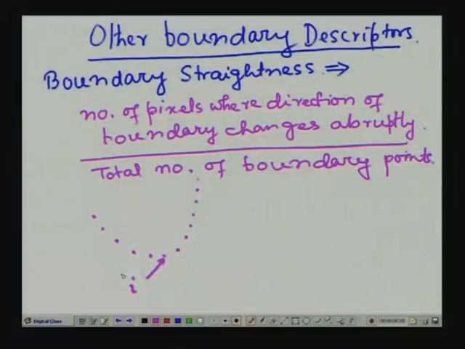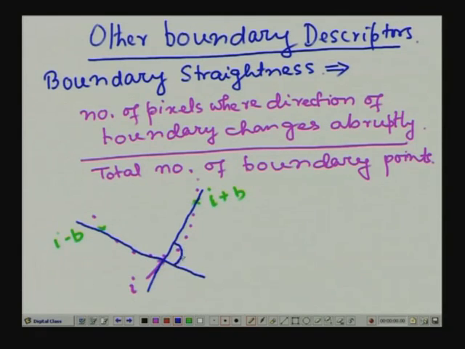So, what I do is, I take a distance b and consider two more points: one point I plus b in one direction, and another point I minus b in the opposite direction. Then I draw a straight line passing through I and I plus b, and a straight line passing through I minus b and I. And I try to find out what is the angle between these two straight lines, say angle beta.